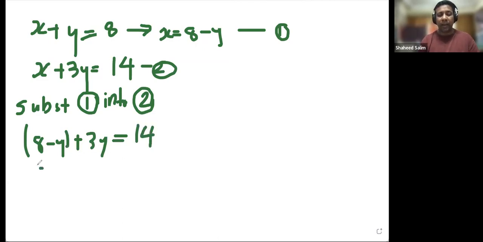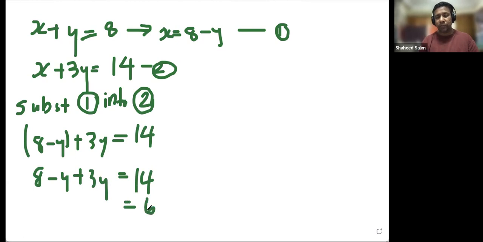I remove the bracket: 8 minus y plus 3y equals to 14. So I bring 8 over that side, plus 8 becomes minus 8. 14 minus 8 equals 6. Plus 3y minus y, 3y minus 1y, 2y equals to 6. Y equals to 6 divided by 2 equals to 3.